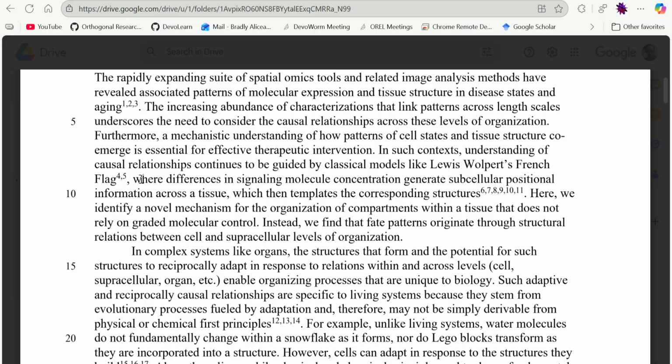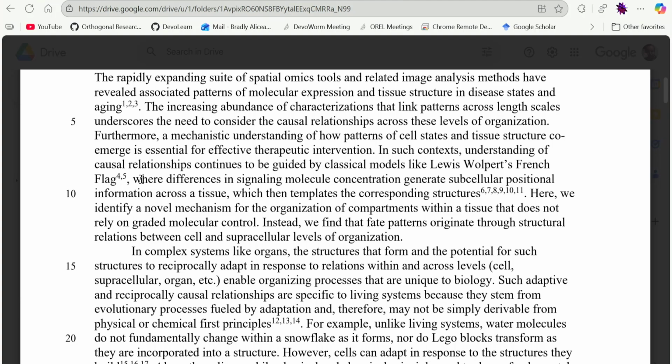So they describe the French flag model as where differences in signaling molecule concentrations generate subcellular positional information across the tissue. So you're actually interested in positional information, where is the cell? What is it supposed to be at this location? There are a number of schools of thought on this, that positional information is key to this structure building.